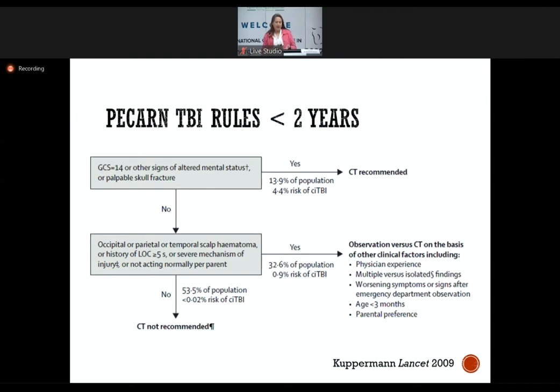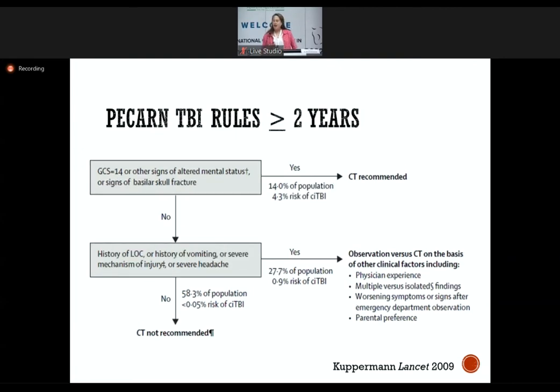If you had any of those factors, you were in a middle risk group, which was 1/3 of the patient population and a 1% risk of clinically important traumatic brain injury. If you had none of those factors, you were in a low risk group, and that was more than half of the study population, and the risk of clinically important traumatic brain injury was very low, less than 1 in 1,000.